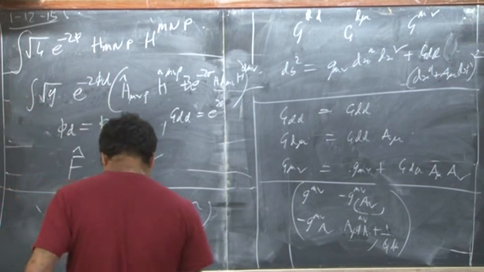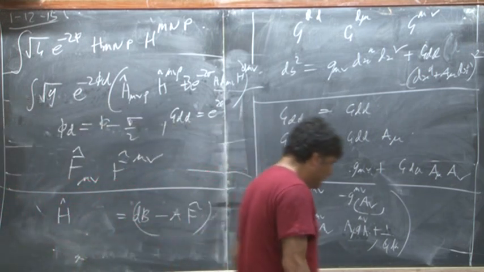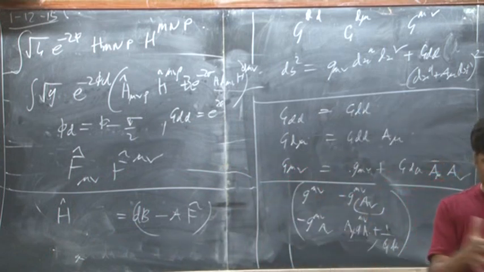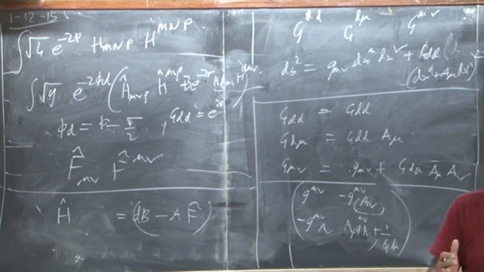Some scalar structure will be there too, depending on deformations of this compactification manifold. But in addition to that, you will have new vector fields.